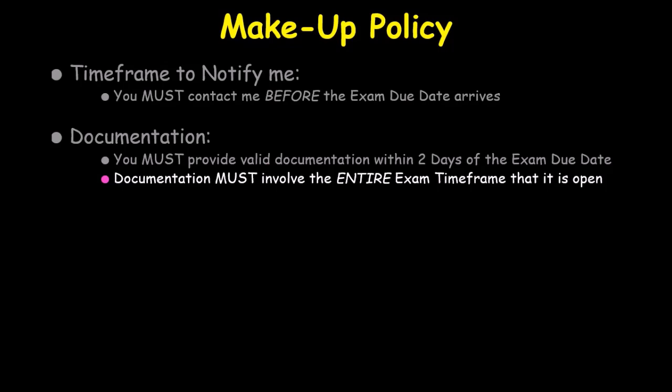Or the opposite: I know school doesn't happen during that week, I'm just giving you dates. If you were not to go back to school until January 4th, you could still take the exam January 5th, 6th, and 7th. So it has to involve the entire exam time frame that it is open.